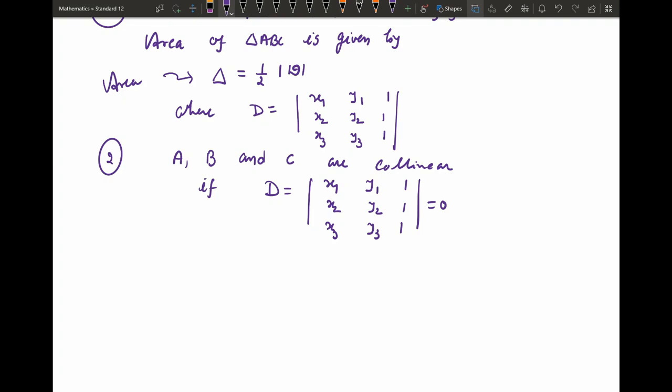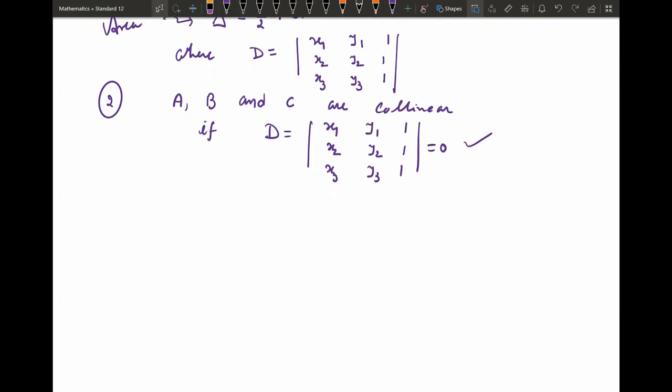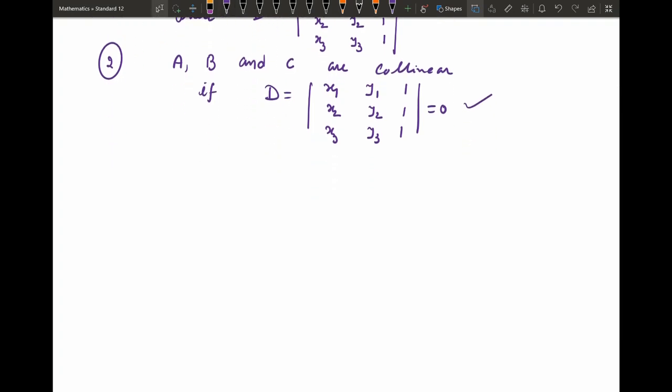Another method is method of slope. If slope of line segment AB equal to slope of BC, then we can say that 3 points are collinear. And using determinant, if value of this determinant is 0, then we will say that these 3 points are collinear. And third formula is: let A(x1, y1) and B(x2, y2).